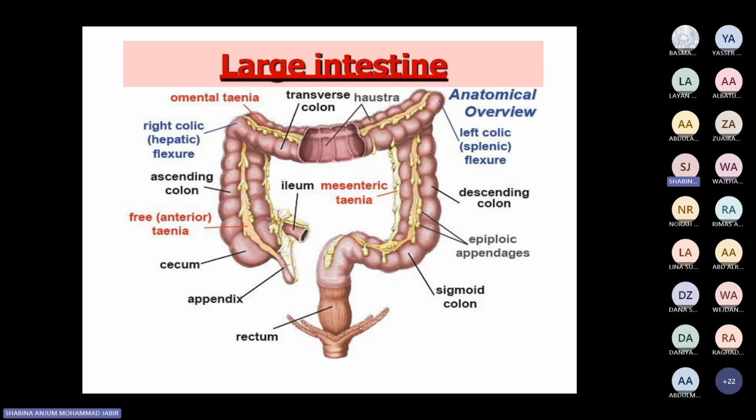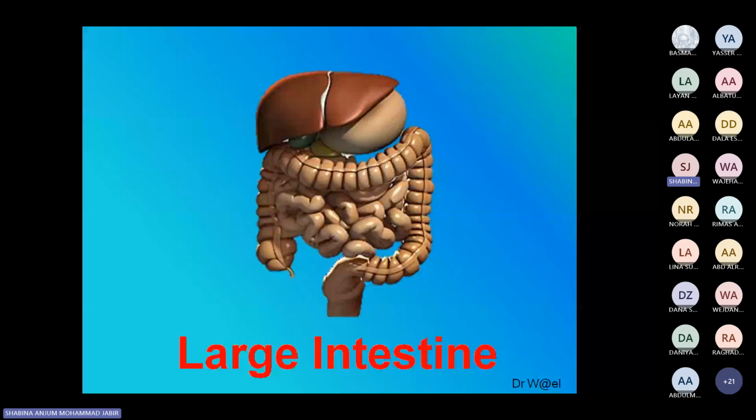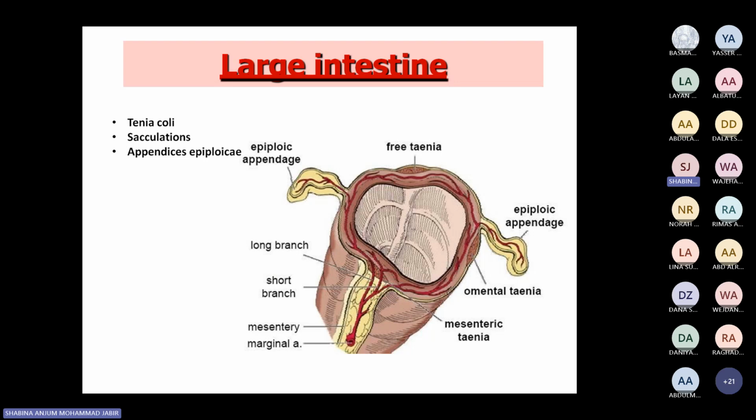So what will happen in the large intestine? All the longitudinal muscles will make three bands. In the large intestine, these longitudinal muscles are arranged in the form of three bands, like this.